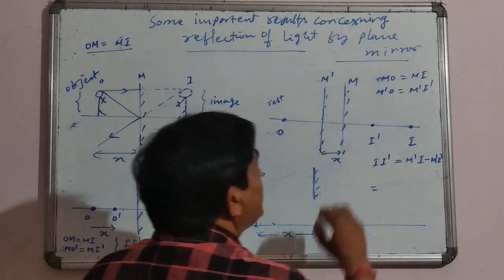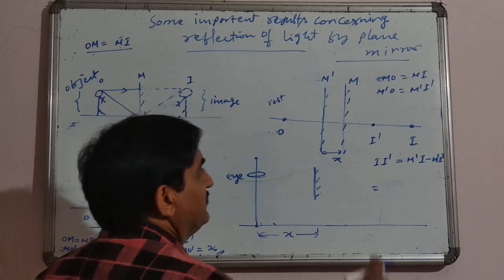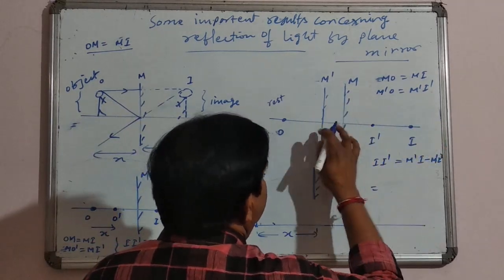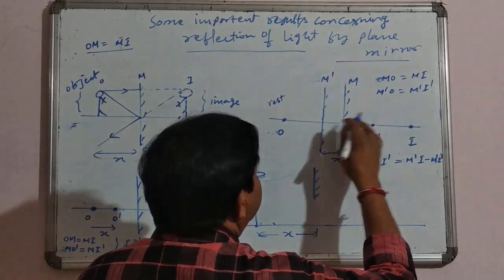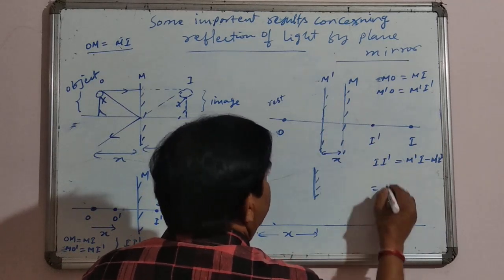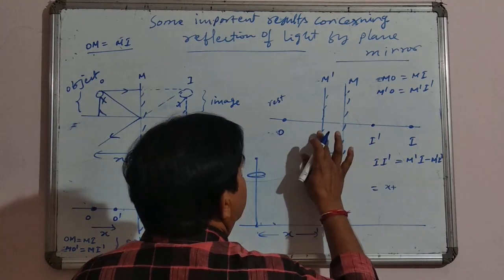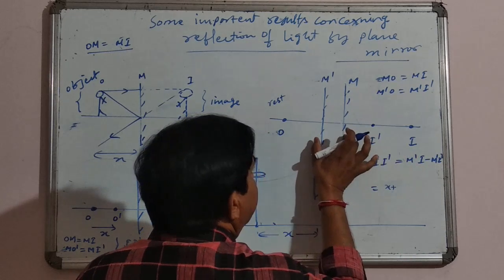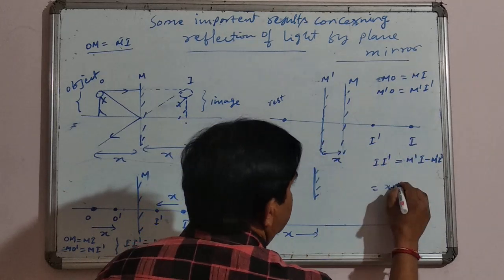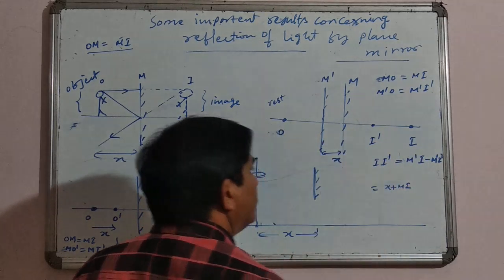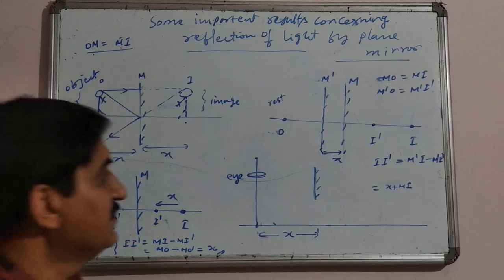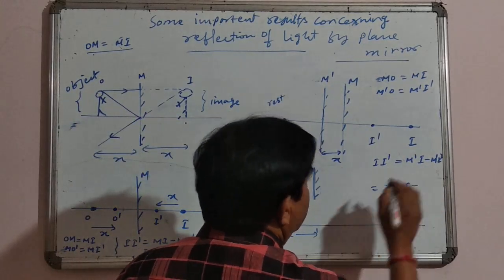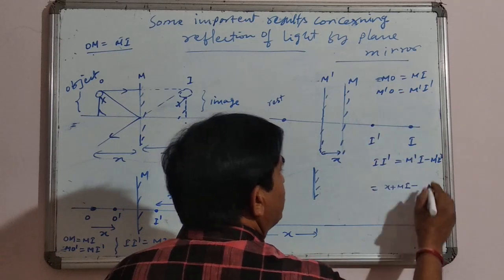Here M dash I is equal to x plus MI. The next, minus M dash I dash, is equal to M dash O.